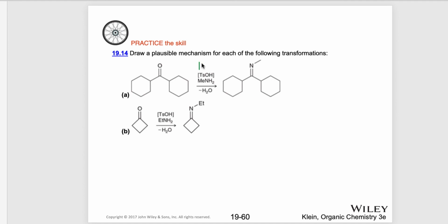This was actually introduced in Orgo 1. It is a source of H+. We're replacing the carbon-oxygen double bond with a carbon-nitrogen double bond. It's a condensation reaction. We're going from a primary amine to an imine. Same here, just a different substituent.